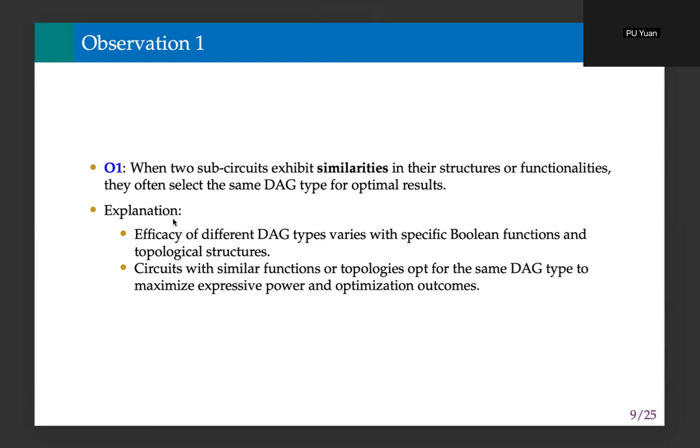The reason is quite intuitive: the efficacy of different DAG types varies with different Boolean functions and topological structures. Circuits with similar functions or topologies may choose the same DAG type to maximize the expressive power and optimization outcomes.